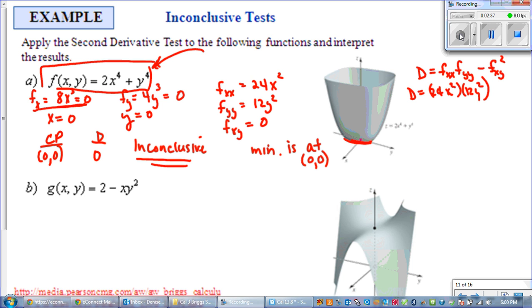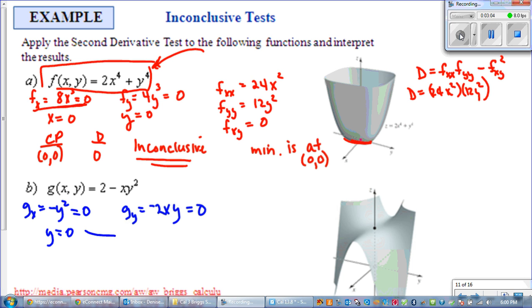Now the second problem, find the partials with respect to x and with respect to y. The partial with respect to x will be negative y squared, and the partial with respect to y will be negative 2xy. The only way that these will be 0, now for y squared to be 0, that means that y must be 0.